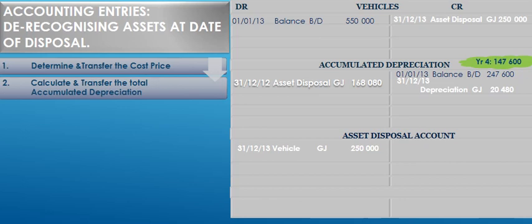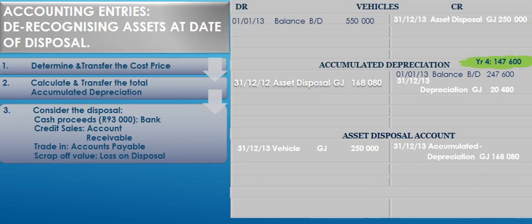This total will then be transferred by debiting the accumulated depreciation with the asset disposal on the same date and crediting the asset disposal with a contra of accumulated depreciation posted from the general journal, total amount 168,080.